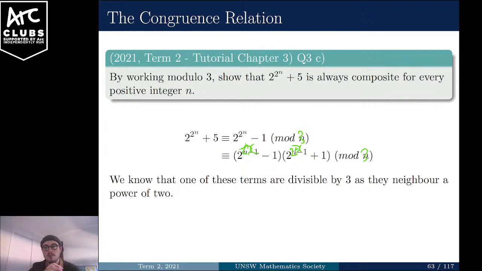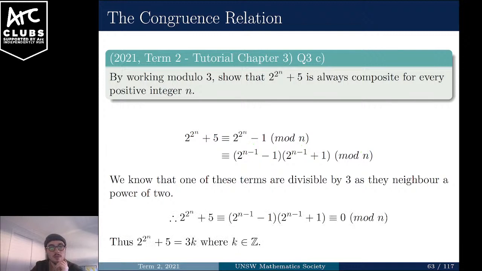We can motivate this by looking at 2, 3, 4, where the middle one's divisible by 3, or 6, 7, 8, where the first one's divisible by 3. So you're looking at the numbers either side of a power of 2, and one of them is divisible by 3. Therefore, this thing's going to be congruent to 0, actually.